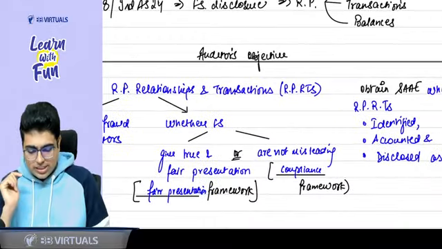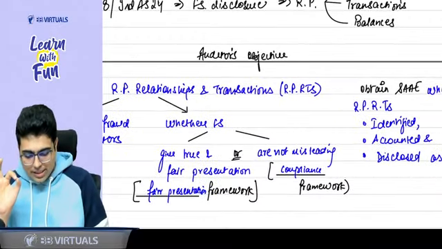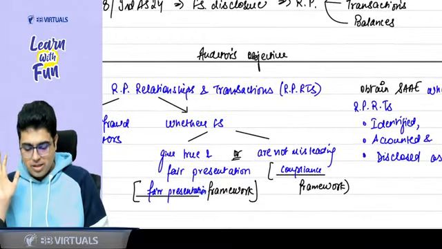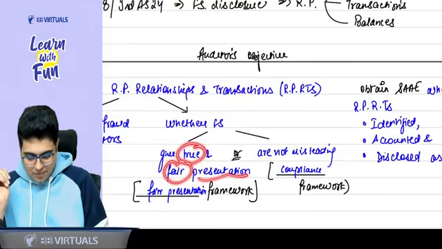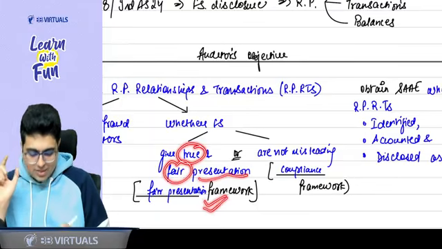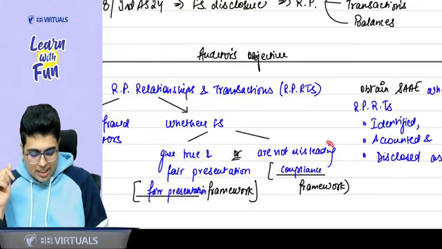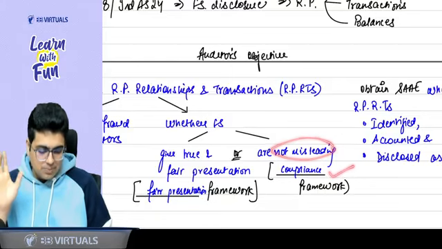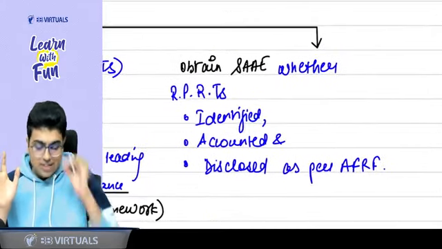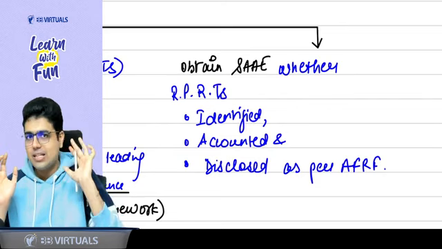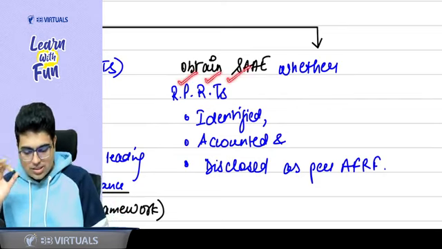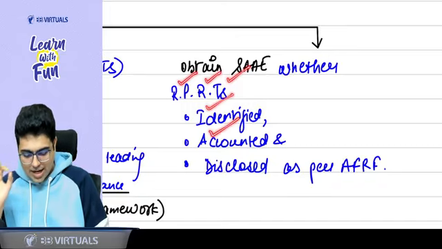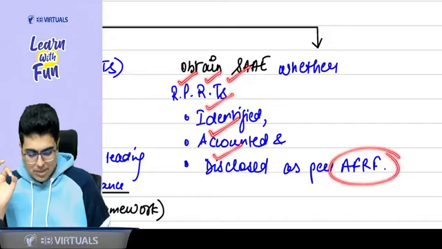Second, you need to see that the RPRTs are properly disclosed in the financial statements, so that you can see that the financial statements give a true and fair presentation if you are using a fair presentation framework, or to make sure that they are not misleading if you are using a compliance framework. And ultimately, we need sufficient and appropriate evidence that the related party relationships and transactions are properly identified, after identification accounted, and lastly disclosed as per the applicable FRF.